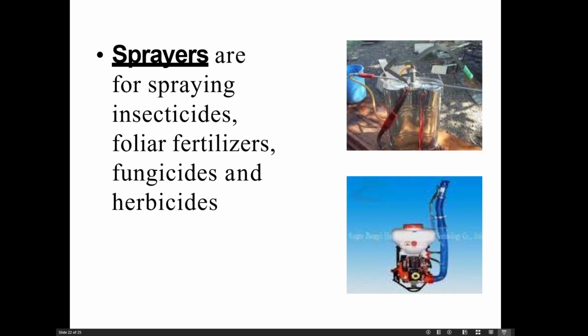Yung iba eroplano pa, gumagamit sila ng mga Cessna plane, yung mga single engine na eroplano. Pero ito kasi, kapag low budget lang, yan yung ginagamit nila. Diba? Kasi tiyagaan talaga. Kasi yan lang yung available.